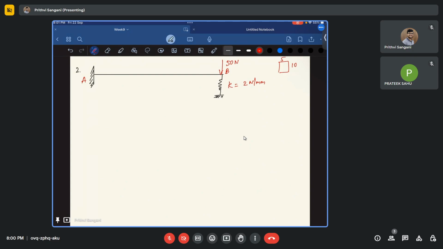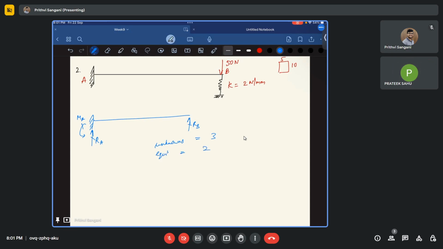If you see, the only thing is you need to draw the free body diagram. At the fixed support we have two unknown forces, and at support B we have one unknown force. So the unknowns are three: reaction at A, moment at A, and R B. And how many equilibrium equations do we have?